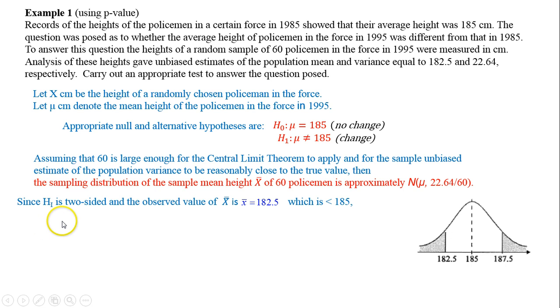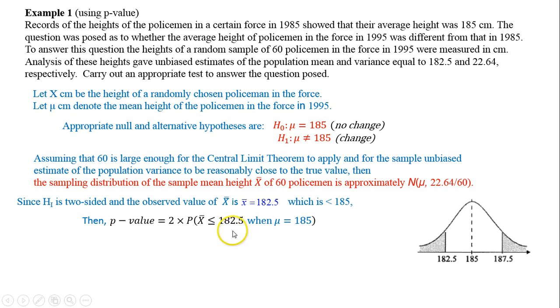Since H1 is two-sided and the observed value of x bar is 182.5, which is less than 185, we need the two endpoints, but being as our observed value is below 185, I'm looking at this side to start with. Then I'm going to double the probability.